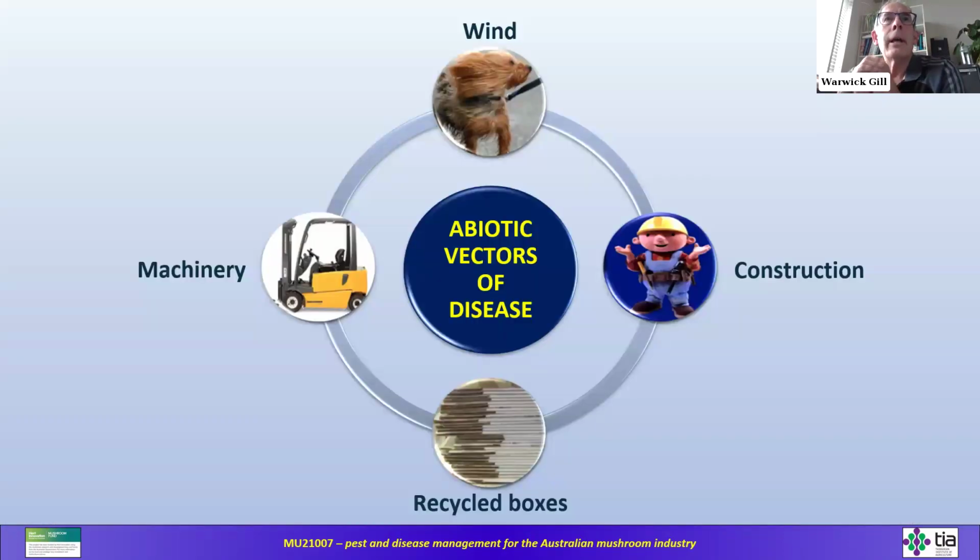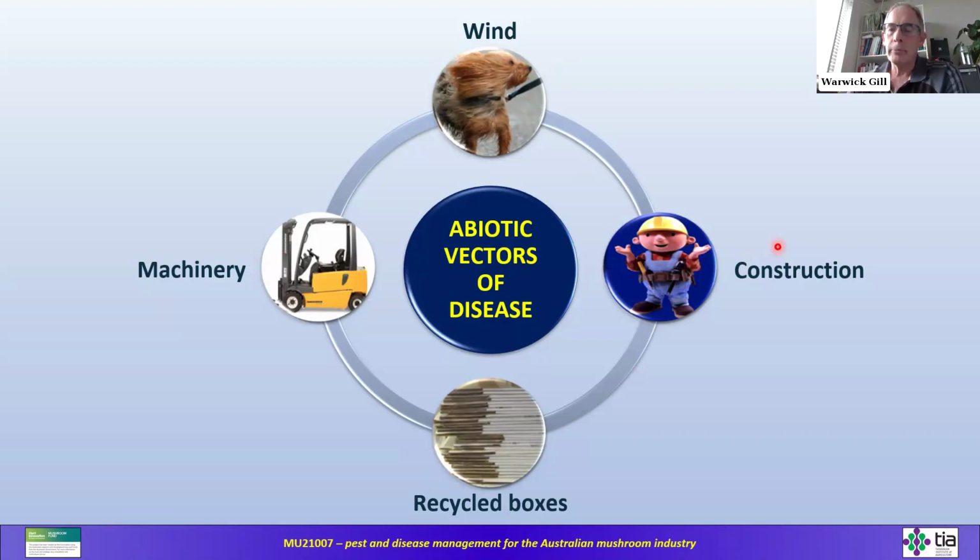Now, noting that our definition of vectoring was more aligned with living things, I've stretched that definition to abiotic factors that aren't alive. So not small dogs, but wind, construction, recycle boxes, and machinery.